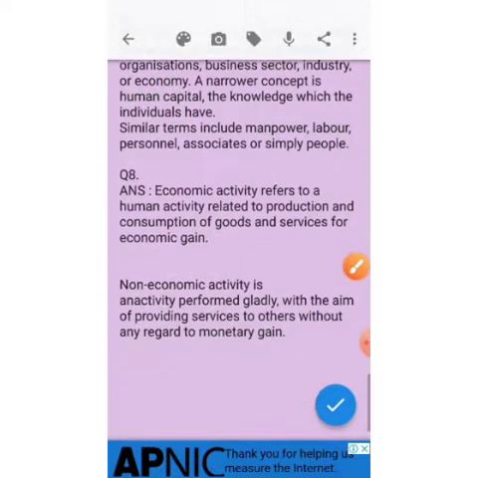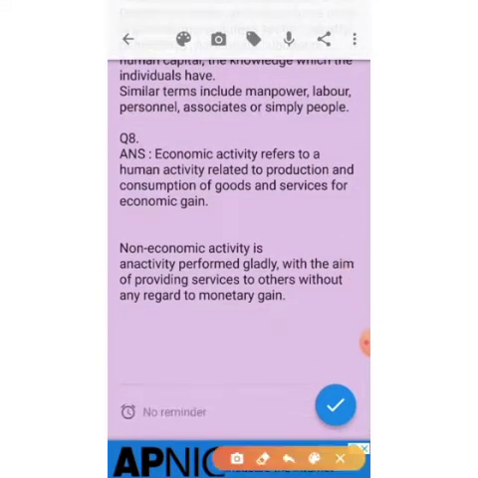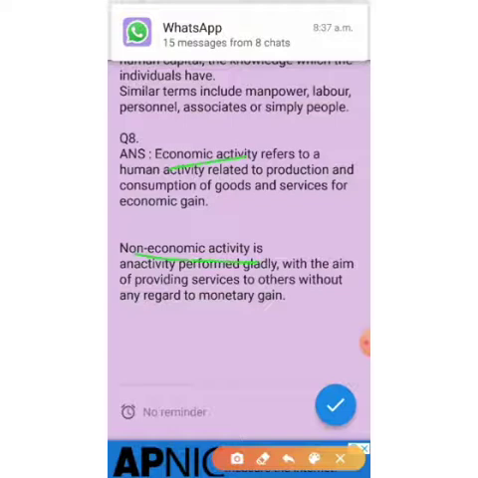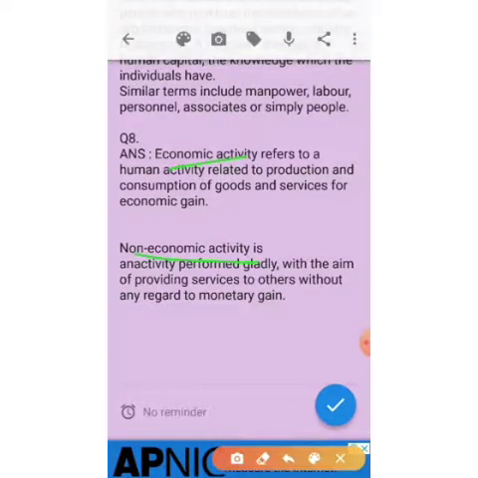And this is your last question. Differentiate between economic activities and non-economic activities. Economic activities refer to human activity related to production and consumption of goods and services for economic gain, such as when a teacher teaches in the school, that is her or his economic activity.